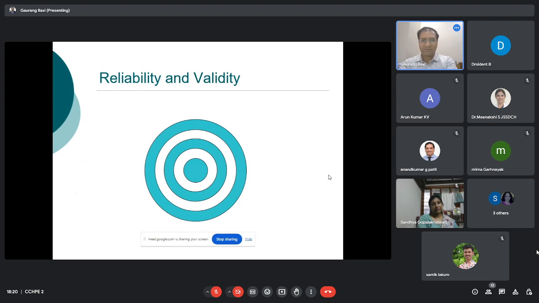So now, what is the relationship between reliability and validity? This is a dartboard. Everybody familiar with the dartboard? Yes, sir. So when we hit, what should be our target? We should hit in the center. Now consider our assessment tool to be our dart.